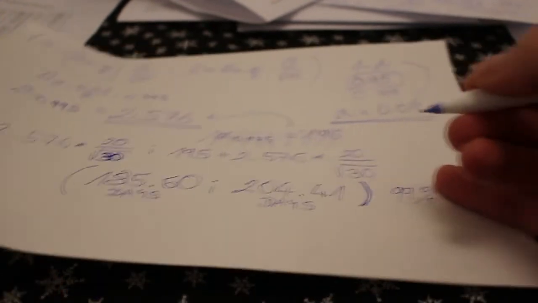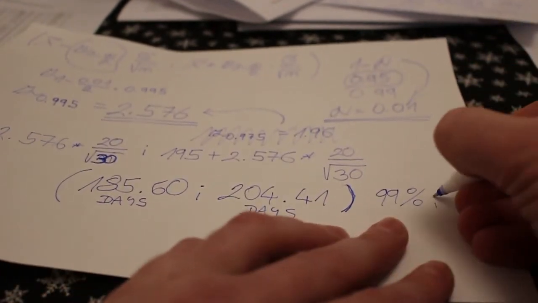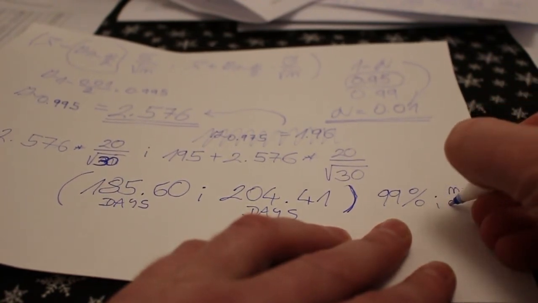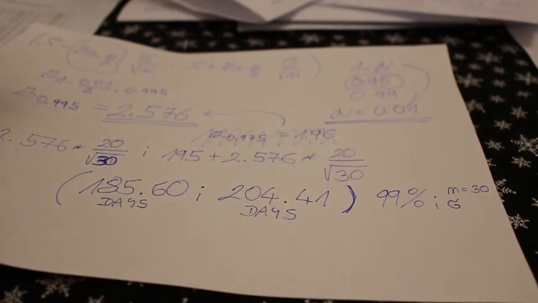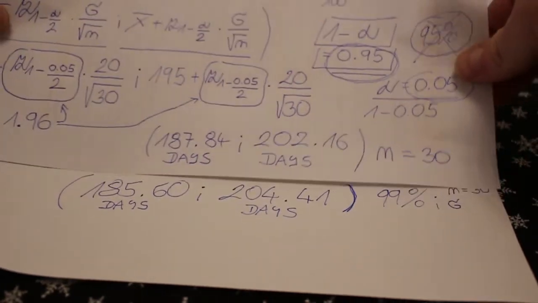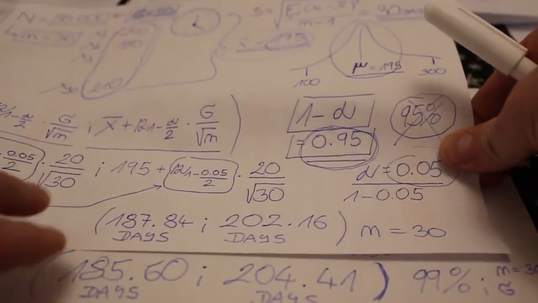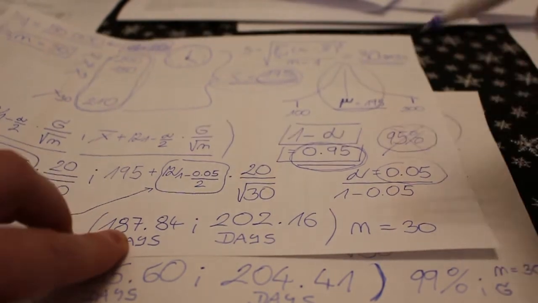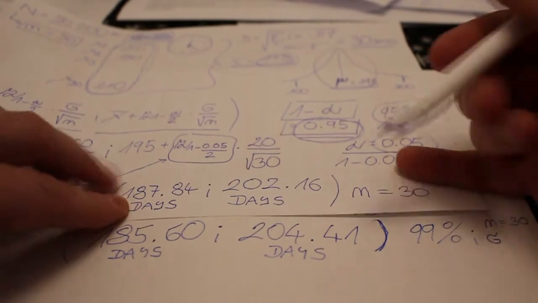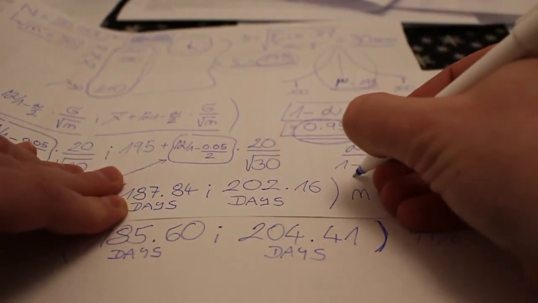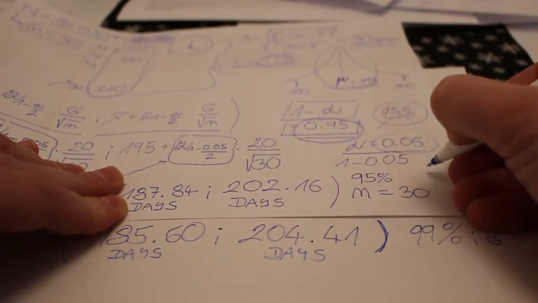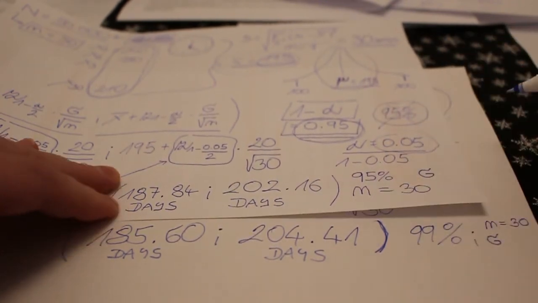Yes. Okay. So this is the 99% confidence interval for the case of n equal to 30 and known sigma, and I will show to you here the situation where I have n equal to 30, confidence level is 95%, and known sigma.